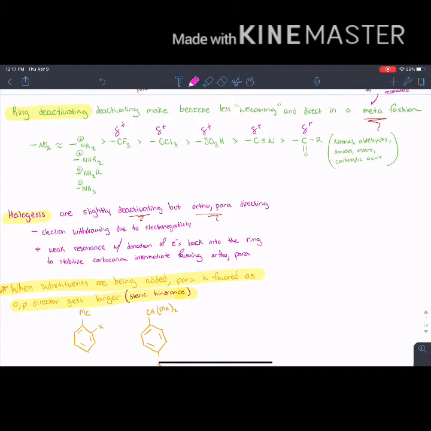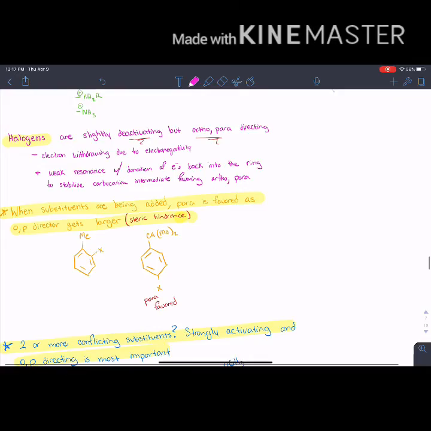So it's kind of like a push and pull, pros and cons situation where they're slightly deactivating because they're electronegative, but then they're donating their electron pairs into the ring of resonance structures. So that extra resonance that they add, albeit weak, allows it to direct new substituents in an ortho-para direction. So that's where it kind of gets weird, but just know that halogens add it in an ortho-para fashion and they're slightly deactivating.